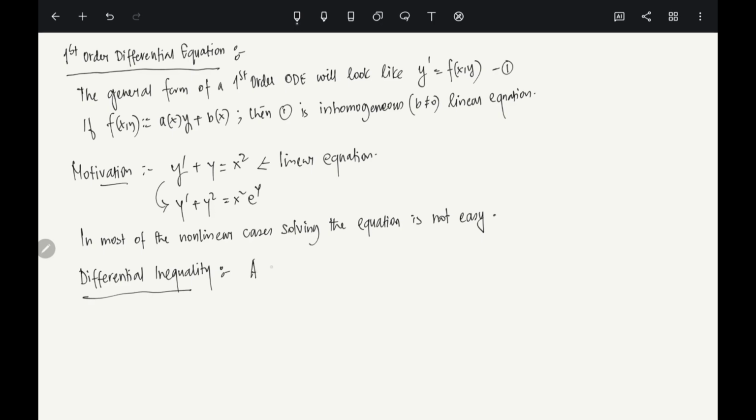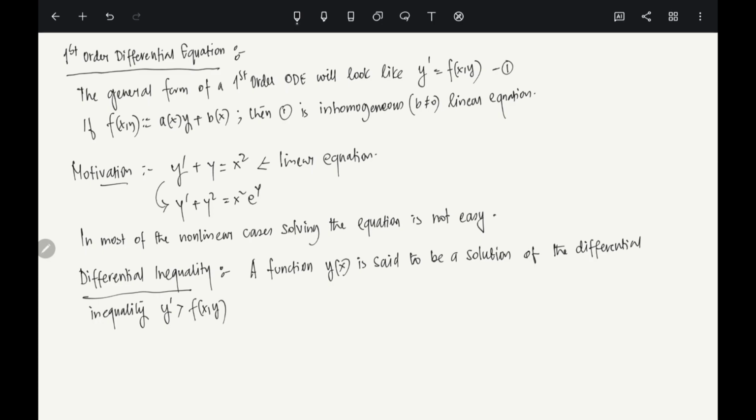Let's say a function y of x is said to be a solution of the differential inequality y prime greater than f of x, y in this interval, let's say x naught plus or minus a, if y prime of x exists in this interval.